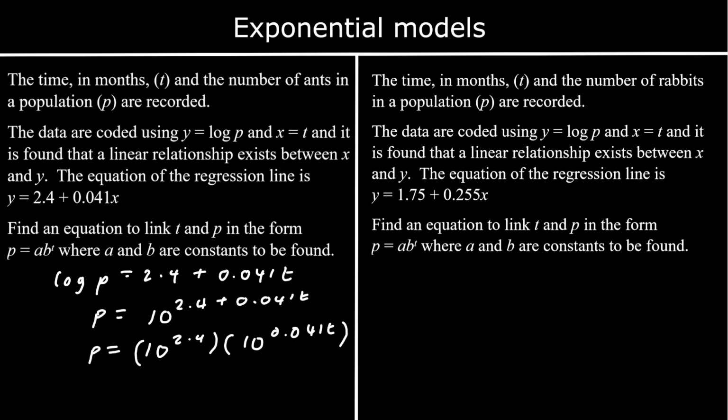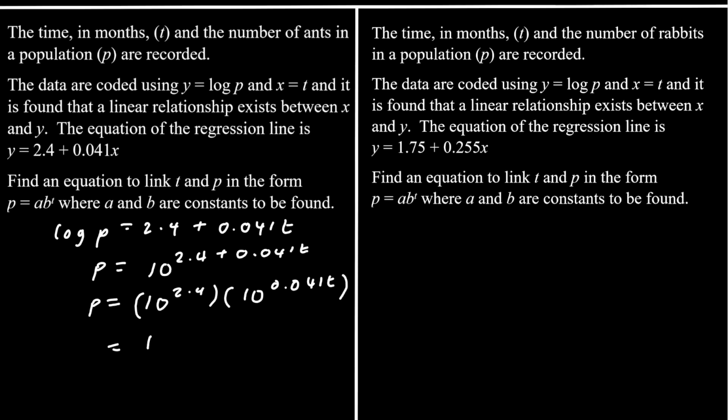And we want ab to the power of t. So I'm going to rewrite that again as 10 to the power of 2.4 times 10 to the power of 0.041 to the power of t. So a is 10 to the power of 2.4 and b is 10 to the power of 0.041.